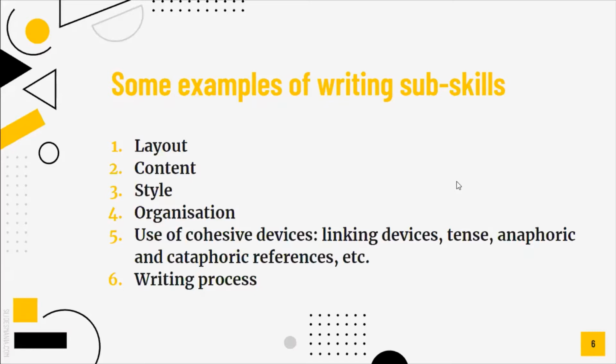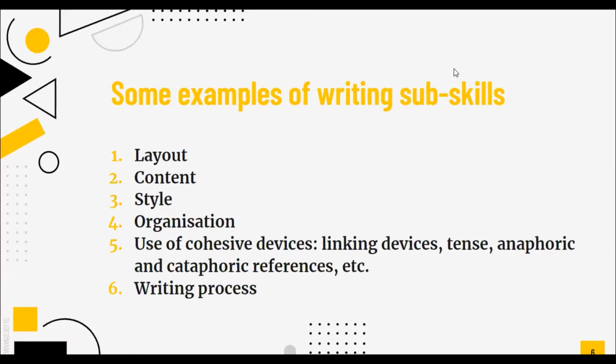Every writing genre has a different layout, and it is important for learners to identify how this layout portrays. For example, it's not the same when you read a dictionary or when you read a restaurant menu. The layout of the information is different, and learners should be aware of this.